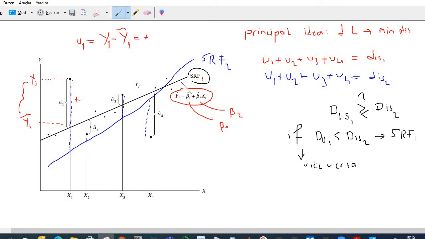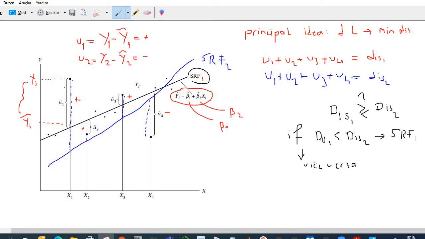When we subtract Y2 hat from Y2, we will obtain a negative distance. So this will be negative, this will be positive, this will be negative.